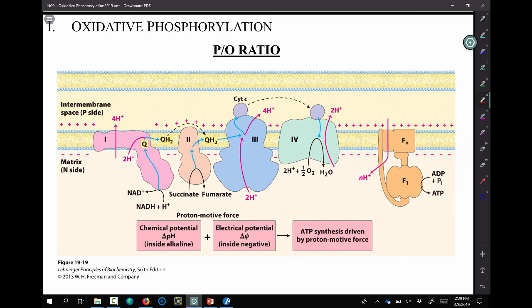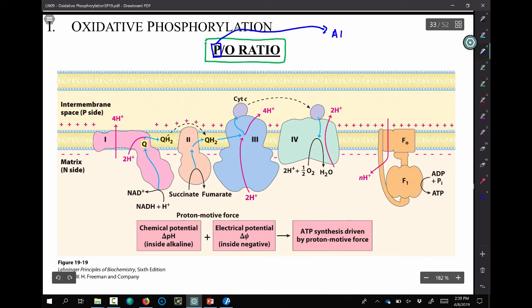But before we get to the mechanism, I want to talk about something called PO ratios, and we'll also then talk about uncoupling. You may have heard this term, and PO ratios means this: ATP, and box the P here, produced per oxygen atom reduced.